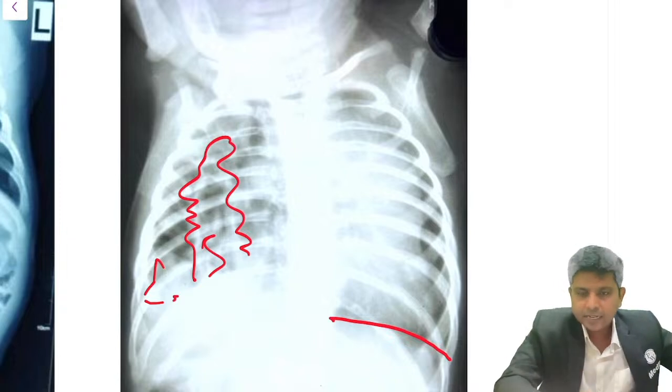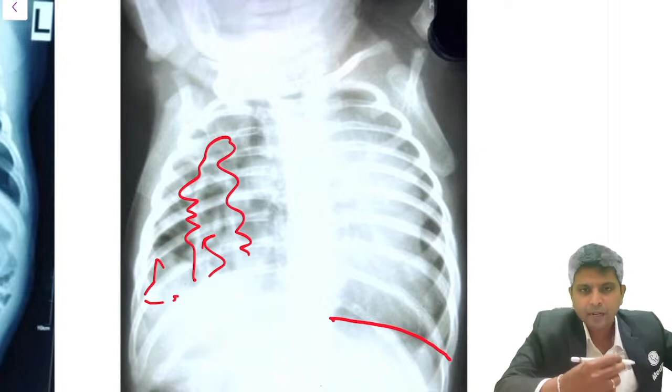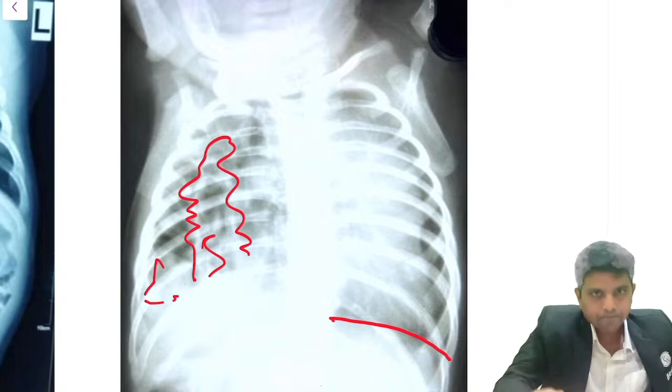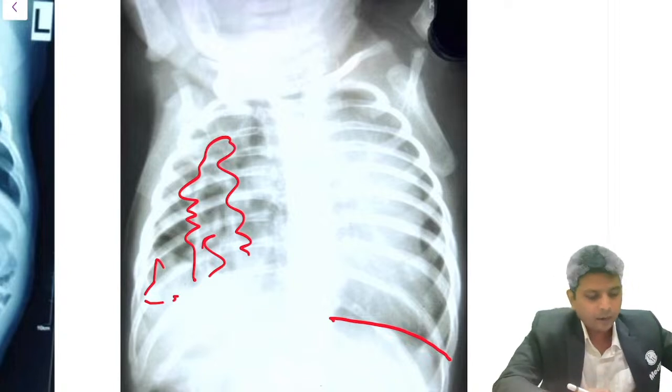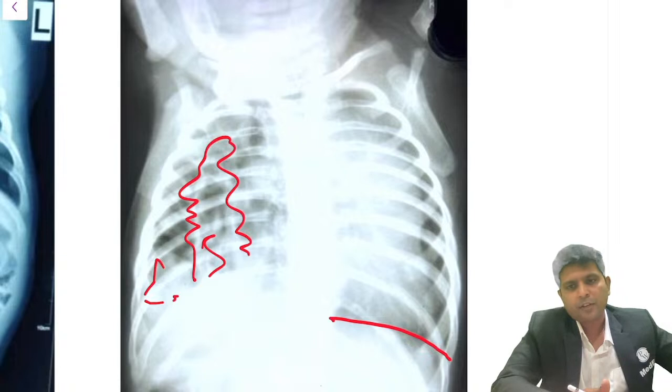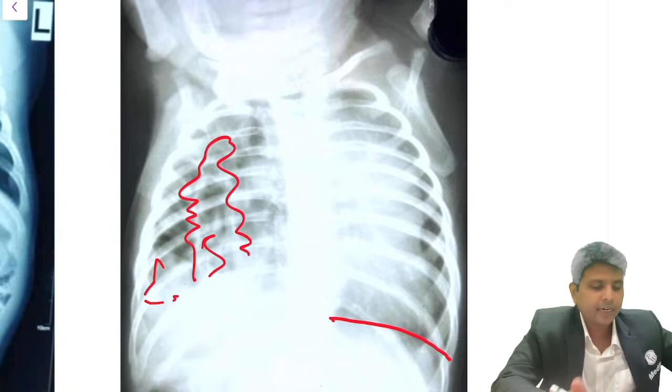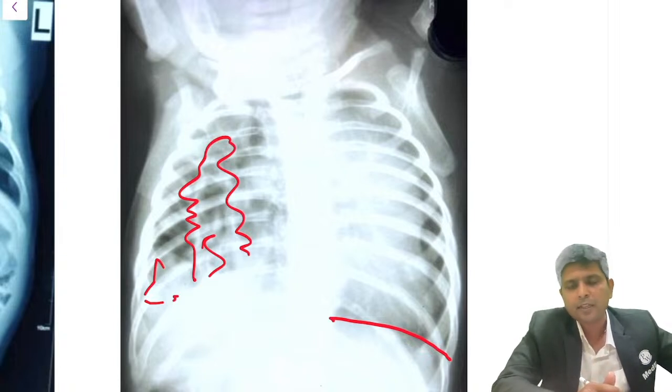Compared to the left side, the right side is less common because the liver is occupying the right side below the diaphragm, between your chest and abdomen. As a result, you will see liver more on the right side, and here you could see intestinal loops on the right side. Again, a case of right-sided congenital diaphragmatic hernia.